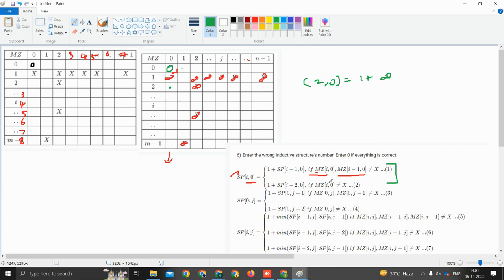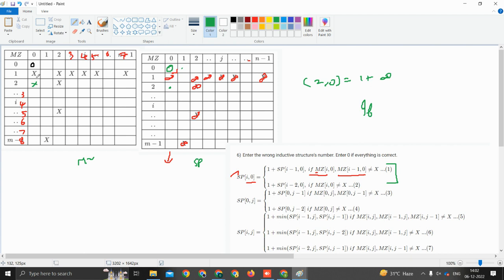See, if maze of I comma 0. So this is somewhat like if this is the MZ matrix and this is the SP matrix. So if in that matrix, I comma 0 means the current position.